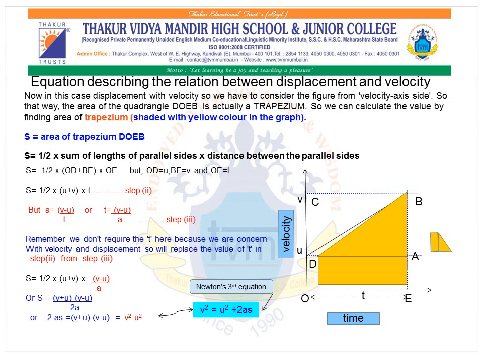So the value will be S is equal to half into U plus V into V minus U upon A, or S is equal to V plus U in bracket multiplied by V minus U in bracket upon 2A.